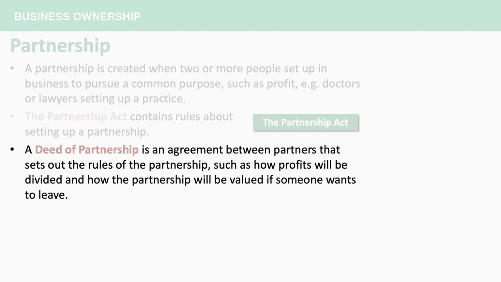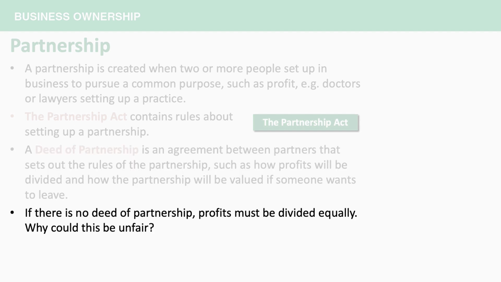The deed of partnership sets out the rules of the partnership, such as how profits will be divided and how the partnership will be valued if someone wants to leave. If there is no deed of partnership, profits may be divided equally. So if we just think about why this could be unfair, one partner may be putting in a lot more work than the other one.